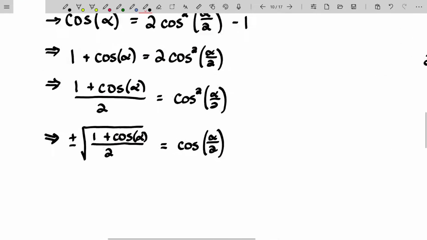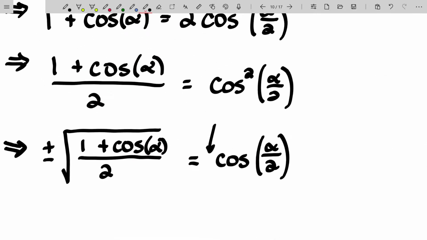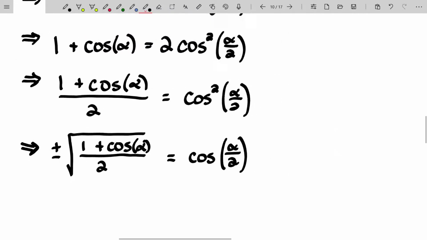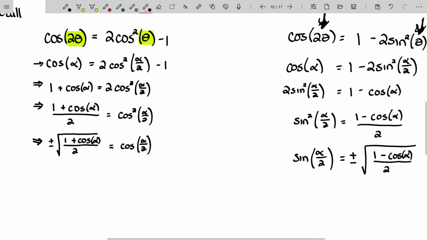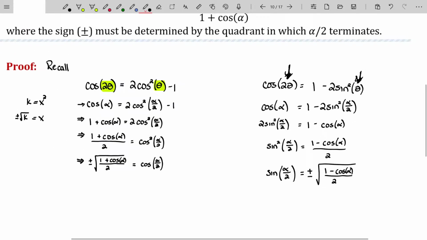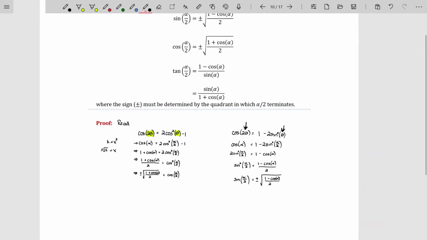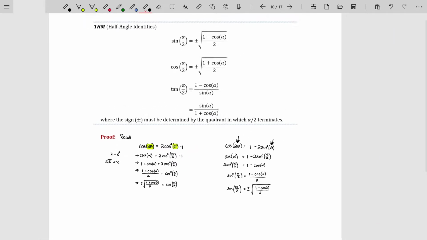So the cosine will give me a positive cosine. That's kind of the way I would think about it. So cosine gives me positive cosine of the half angle, that is, gives me a positive cosine in that radical. And the sine of the half angle gives me a negative cosine. There you go.